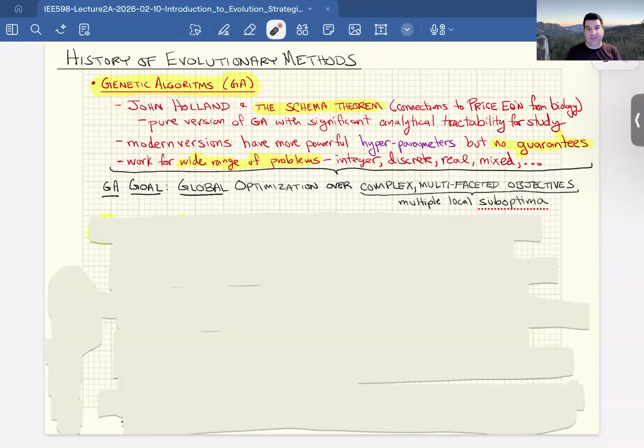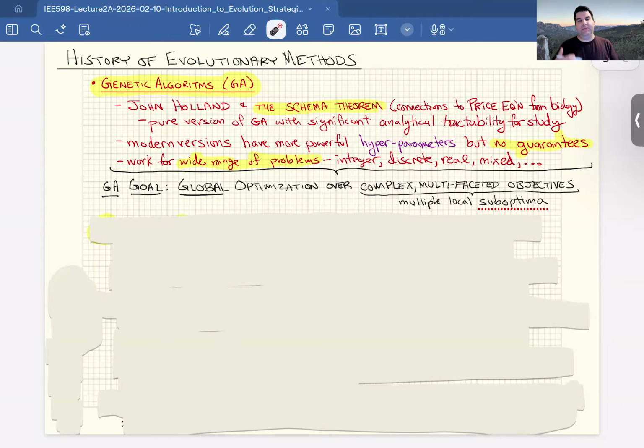And that's great. That pure version of the GA and the analysis that came out of it was really beautiful, and it gave a lot of interesting insights into how GAs work from a theoretical point of view. So they had a lot of analytical tractability for studying them.